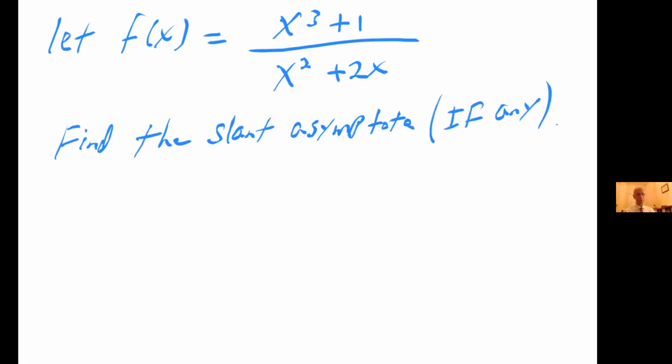Well, this one does have a slant asymptote. The degree of the numerator is higher by 1. So let me go to the next page and perform the long division. I have x cubed plus 1 divided by x to the 2nd plus 2x.